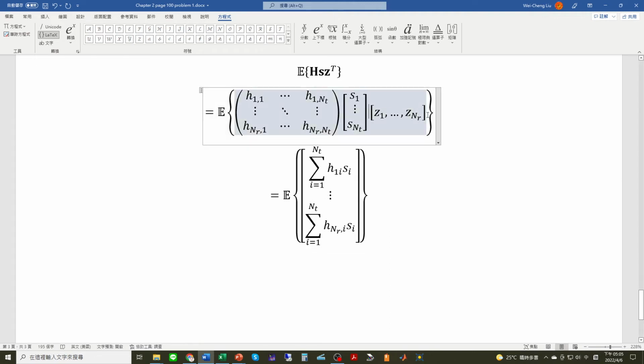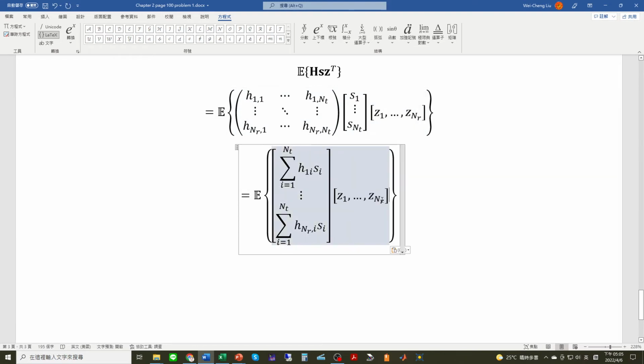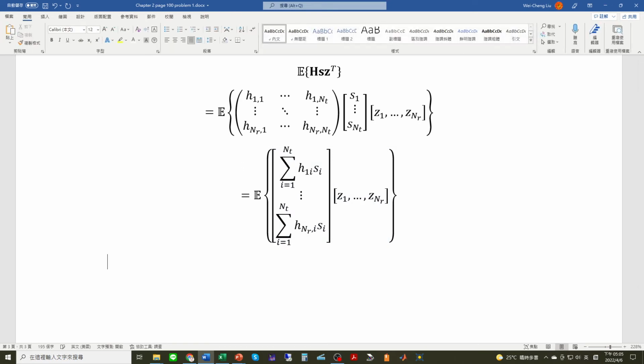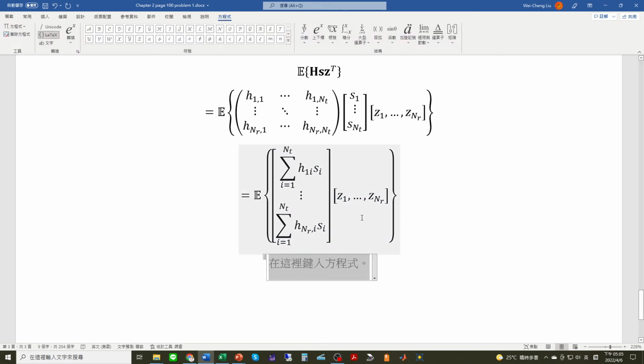And the second vector is equal to Z1 to Z_NR. Okay, and again, we can multiply these two vectors together.